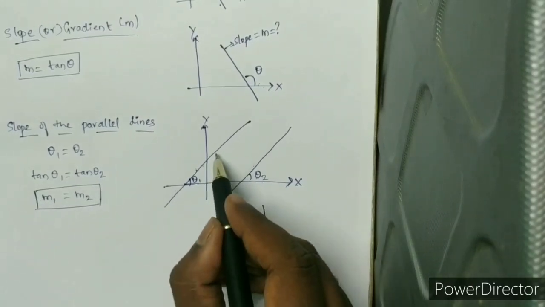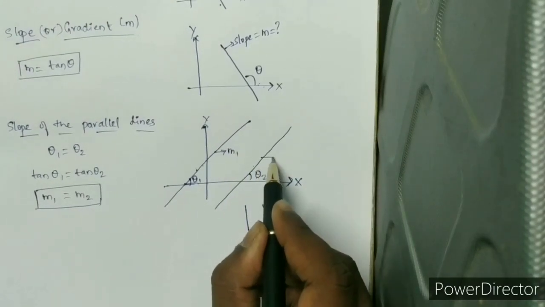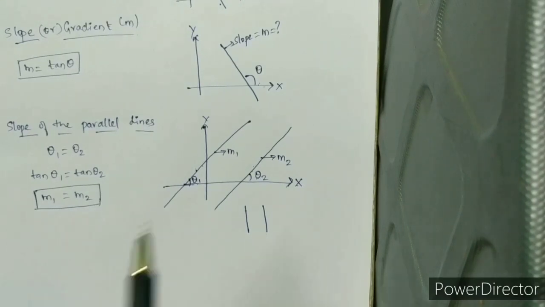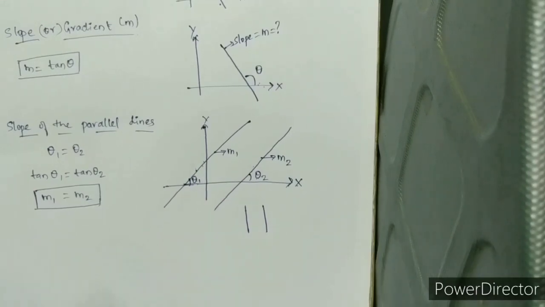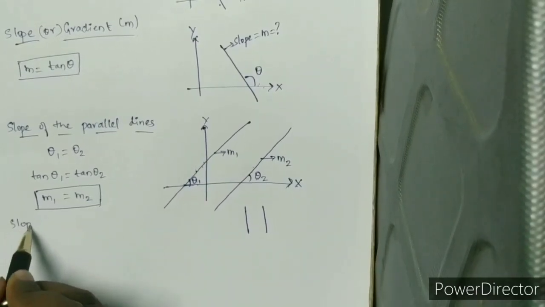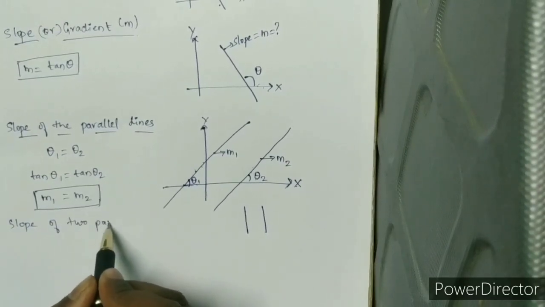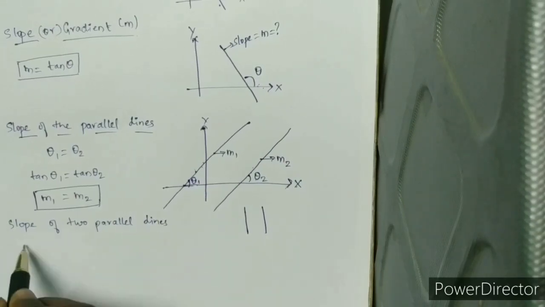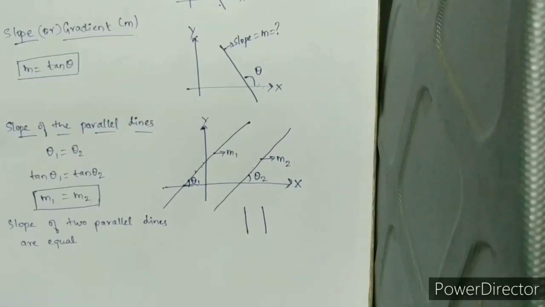The slope of this line is m1, the slope of this line is m2. So the slopes of two parallel lines are equal: m1 equals m2.